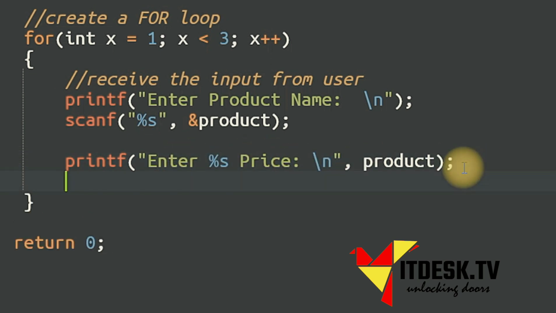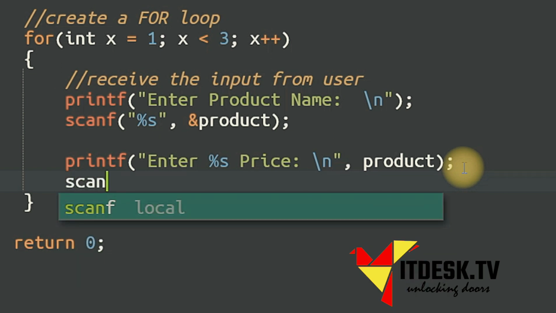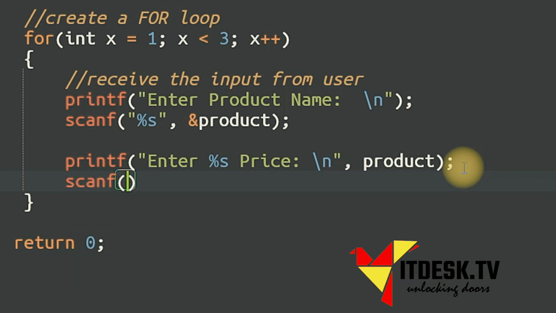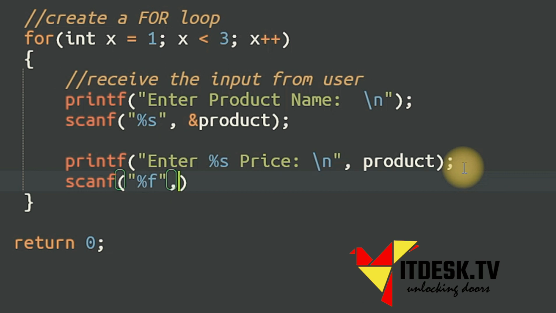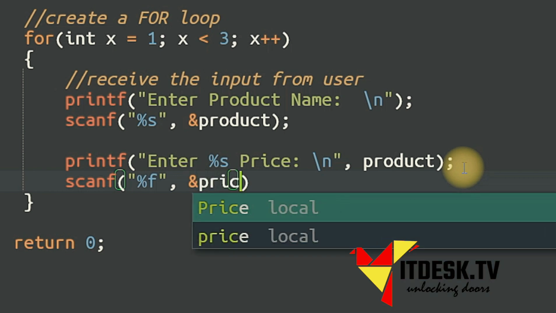All right. And then I'm going to use the same scanf function again. This time it's going to be percentage F because it's a floating point variable I'm asking for. It's like a decimal, a currency, could be 20.58, things like those. And I'm going to assign that to the price.